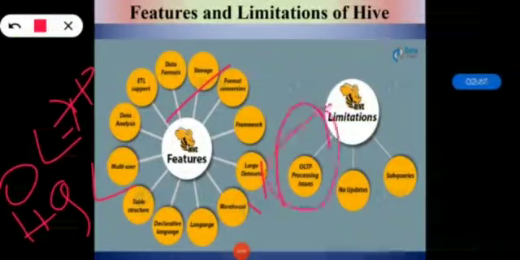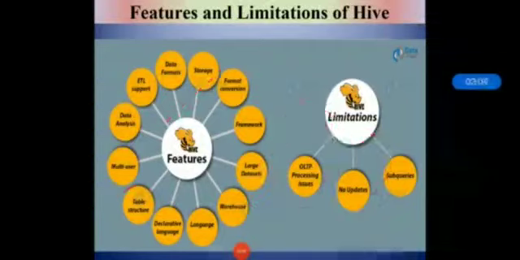We do not have real-time queries and row-level updates, which is also a problem. So Hive is a data warehouse system for Hadoop which facilitates easy data summarization, ad hoc queries and the analysis of large data sets.